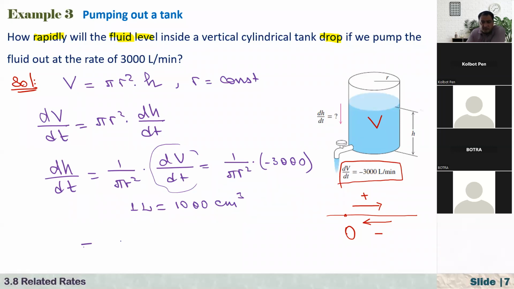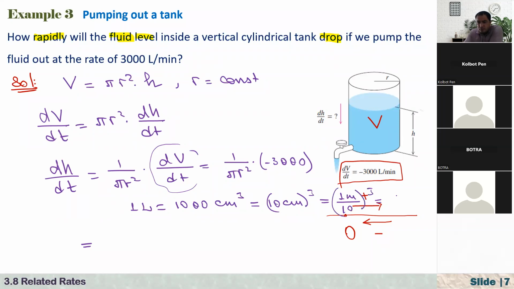At the time we will have minus 3000 times, in centimeters, I think I would express it in meters. 10 cm cubed is 1 over 10, so 1 meter over 10, cubed.